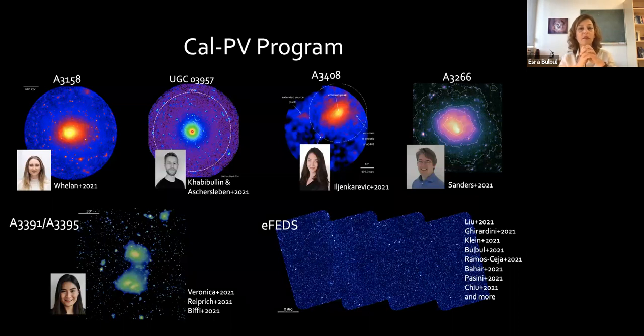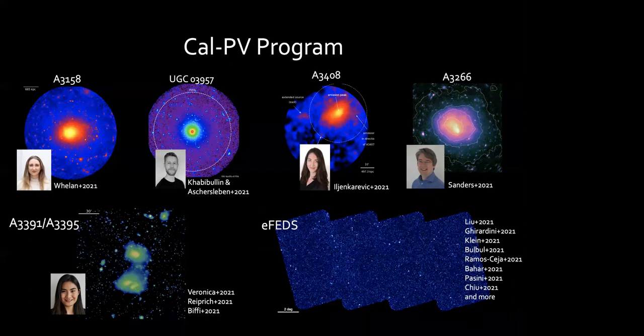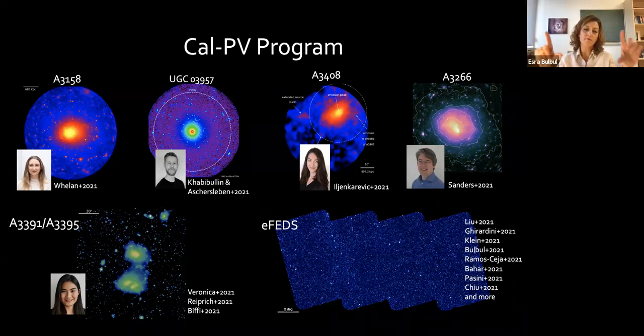In this CalPV program, we have targeted 4 clusters of galaxies. These, what we call the first batch, the top panel, is the calibration program. For this calibration program, we just wanted to test eROSITA's performance. So we just took deep observations of several very well-studied clusters of galaxies, and they're perfect targets for calibrating any telescope if you have significant emission, because they just don't vary.